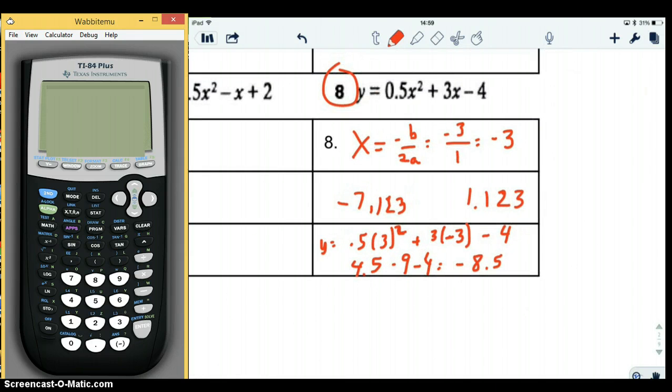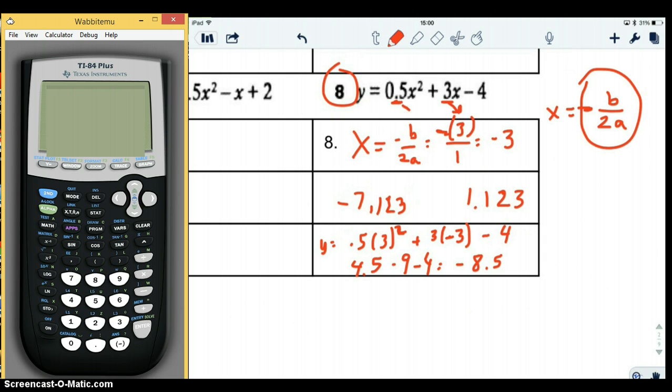For the axis of symmetry, remember that this is a formula that they give you on the formula sheet. Basically you're going to take the b coefficient, which is multiplied times x, and the a coefficient, which is multiplied times x squared, and put them in this expression. So b is 3, and you're going to have negative b, the negative comes from the formula, divided by 2a.